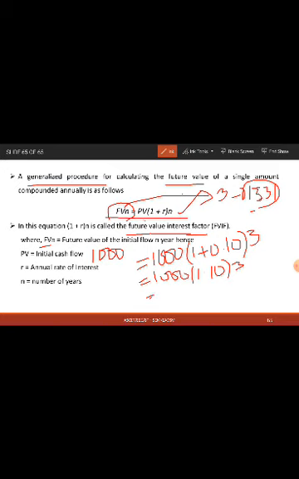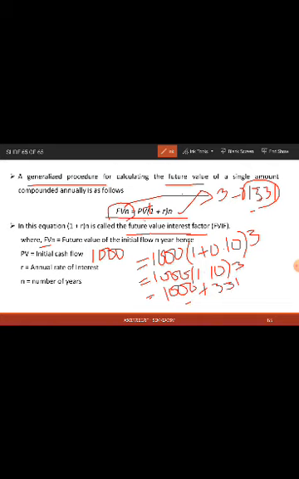If you work that out, you have 1000. I forgot to add the plus here. 1000 plus this interest, that is 331.